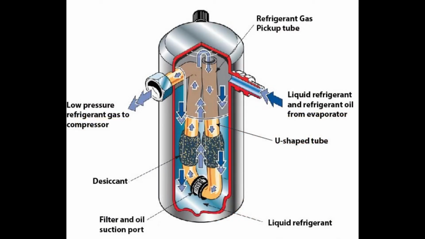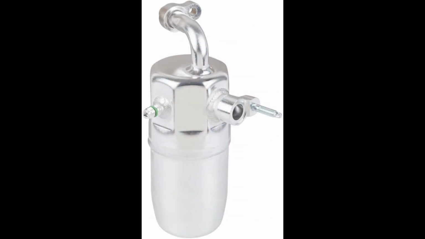So we always find an accumulator outside after the evaporator in case we have an orifice tube. That's kind of confusing sometimes, from one car to another. So remember, you should know if your vehicle has an orifice tube or just a regular expansion valve.